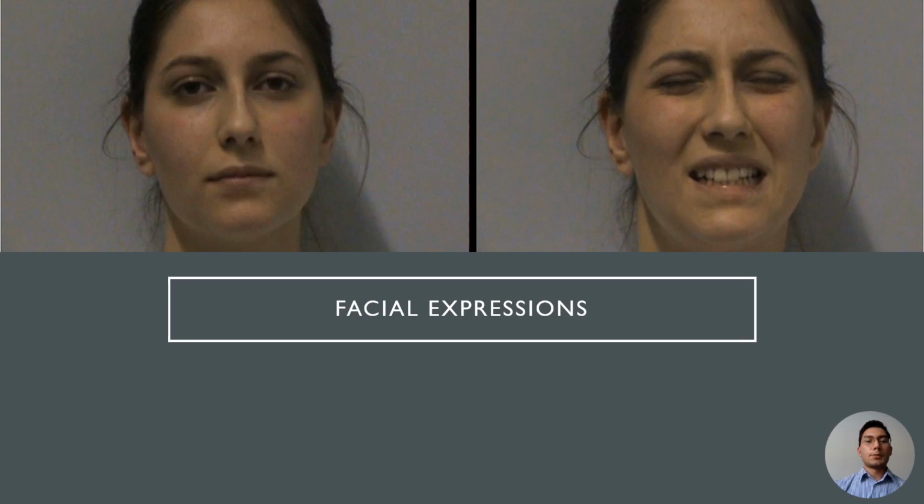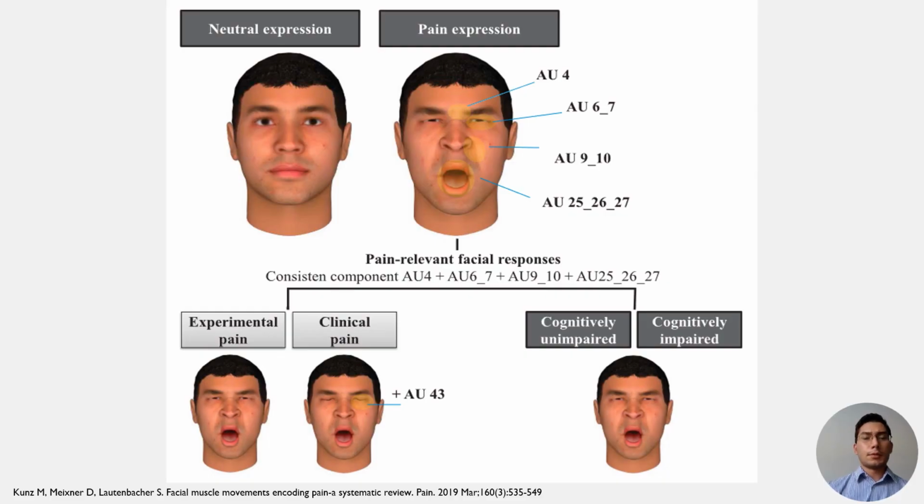When people experience pain, their facial expression changes, and that change can be used to assess the pain that they are feeling. The research shows that when people experience pain, they contract certain muscle groups. These muscle groups are called action units, and you can see them on your screen.